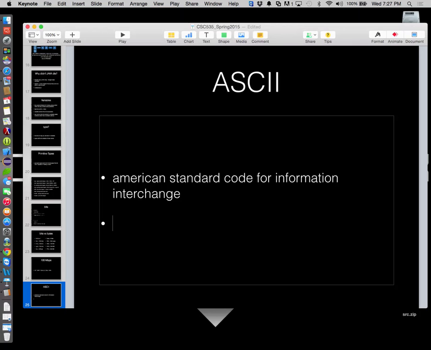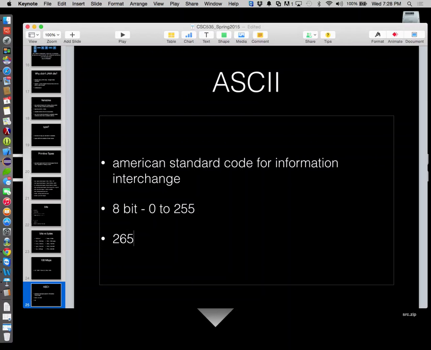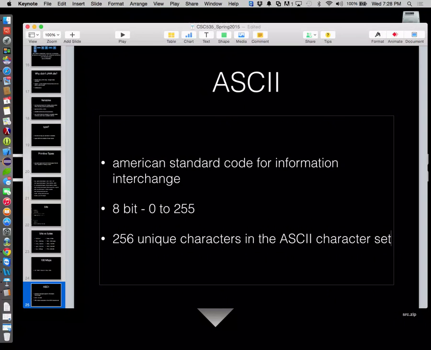It is an 8-bit code. Holds the values between 0 and 255. So there are 256 unique characters in the ASCII character set. All right, now as you pointed out, it doesn't support all languages.